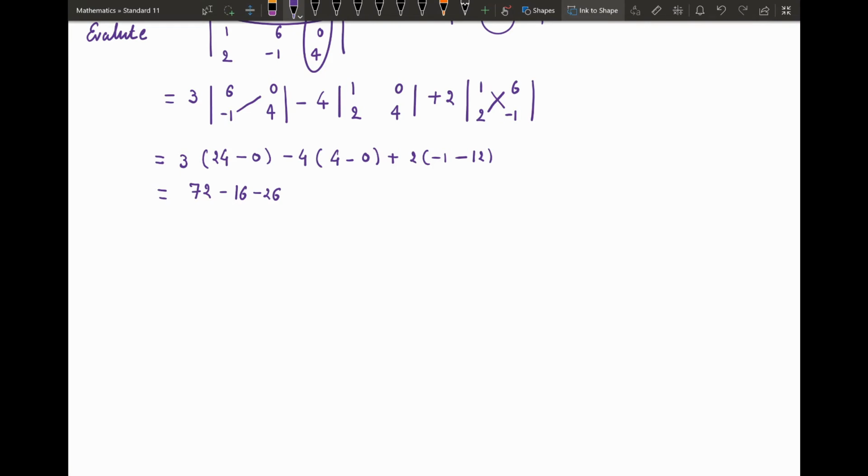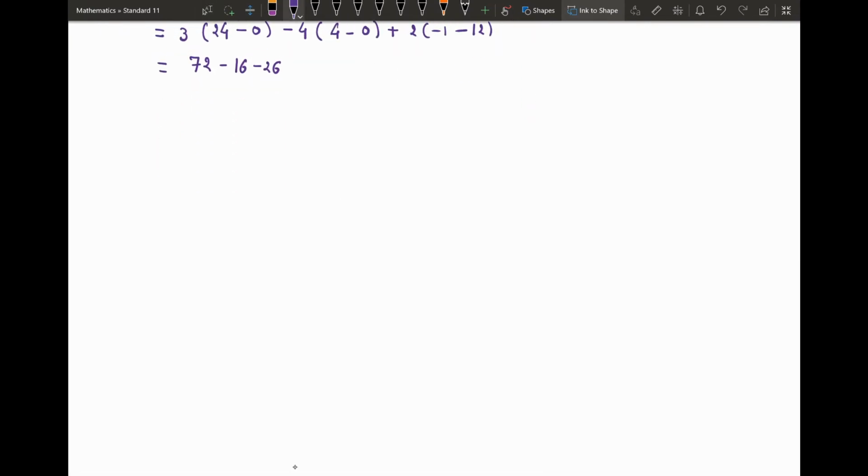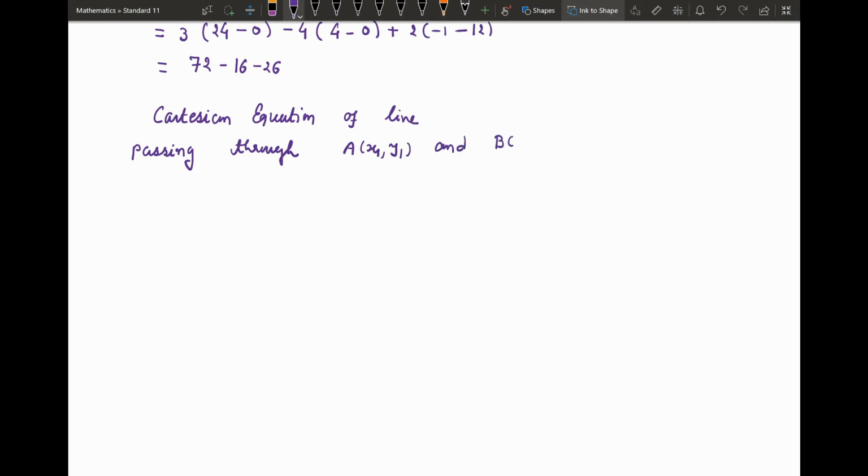Now I give you the formula. What is the Cartesian equation of a line passing through two distinct points A x1 comma y1 and B x2 comma y2?